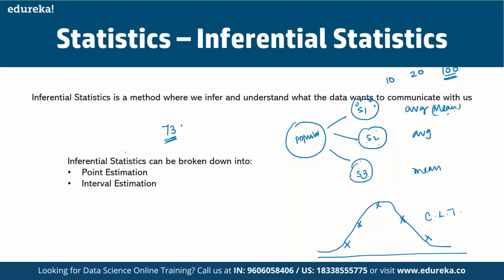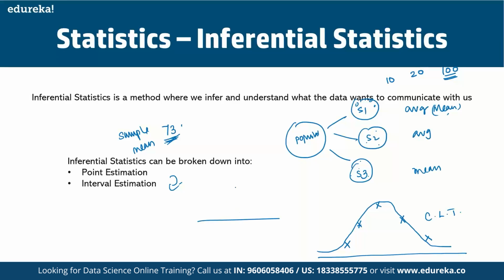So I'm going to give this particular exact point, and I'm saying this is my sample mean. I'm saying my sample mean is 73, so the population's average is also going to be 73. We don't really use this point estimation because there is a very high chance that your population average need not be 73. Then we come to this concept of interval estimation.